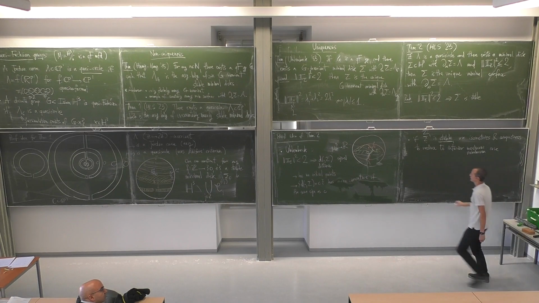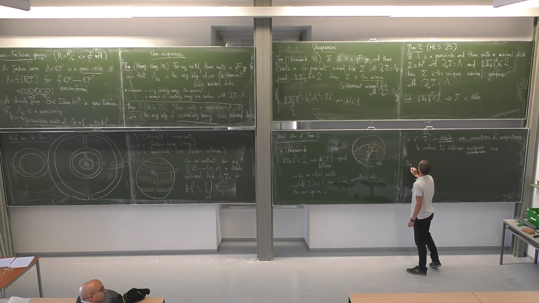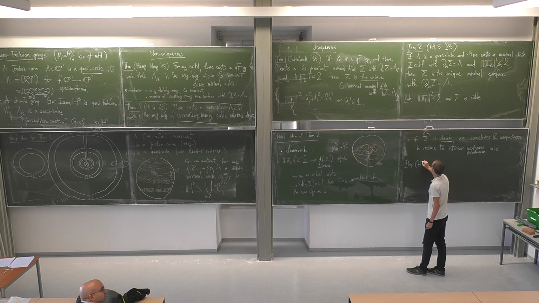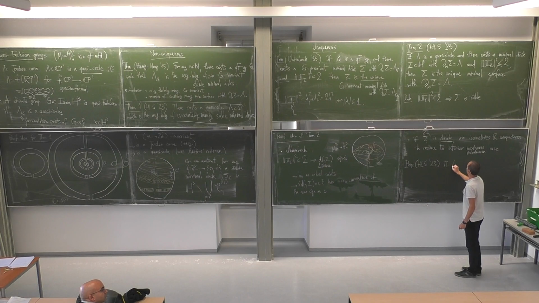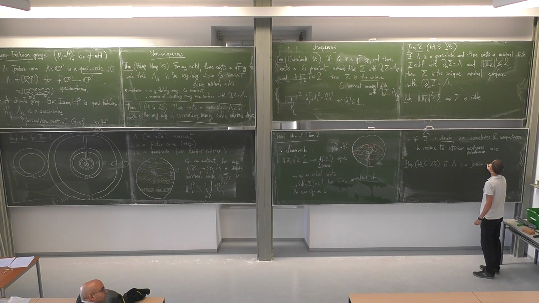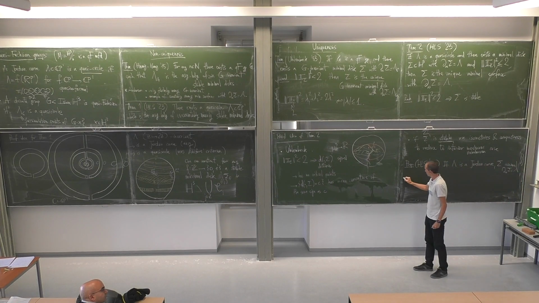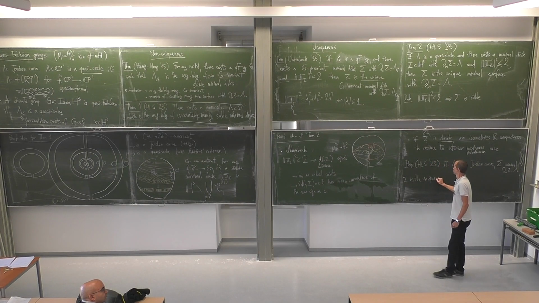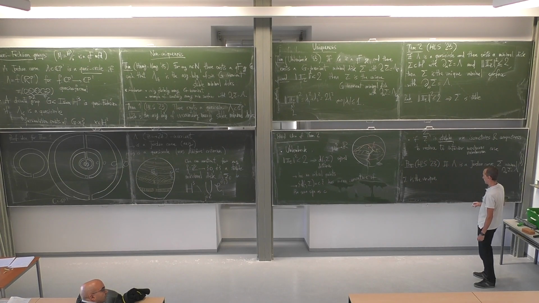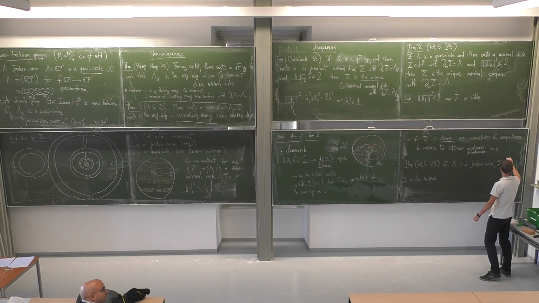Okay, and the last step is the following proposition. That if lambda is a Jordan curve, and sigma is minimal with boundary at infinity of sigma is lambda, then sigma is the unique, so stable, let's say sigma stable.